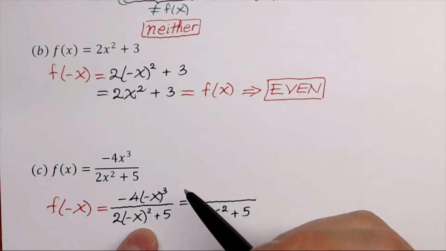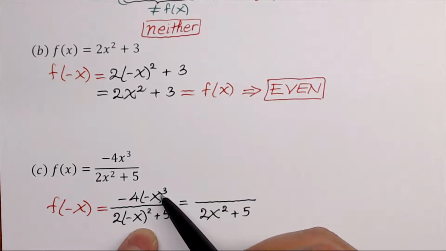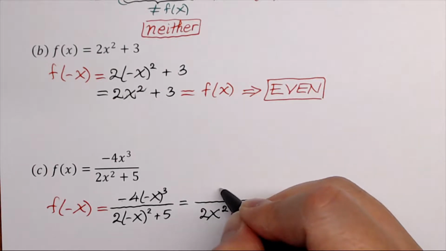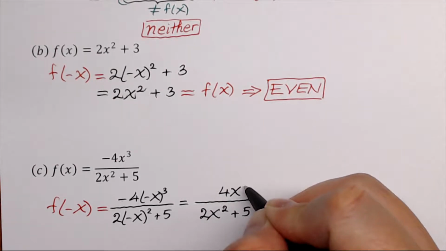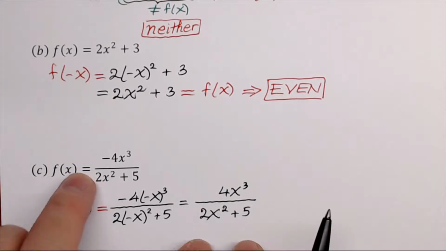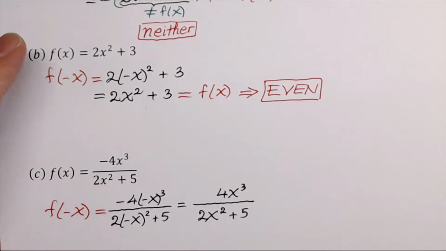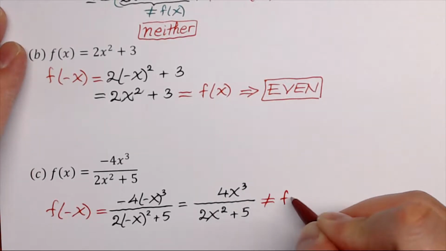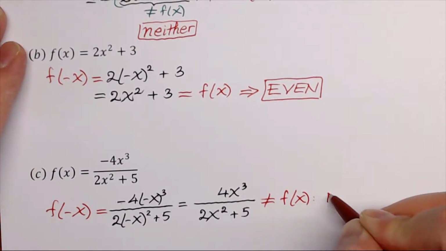On the top we have 3 negative signs, and then 1 more, so it will be 4 negative signs, which turn to positive. Now obviously they're not the same, we're missing a negative sign. So because it is not equal to the original function, this one is not even.